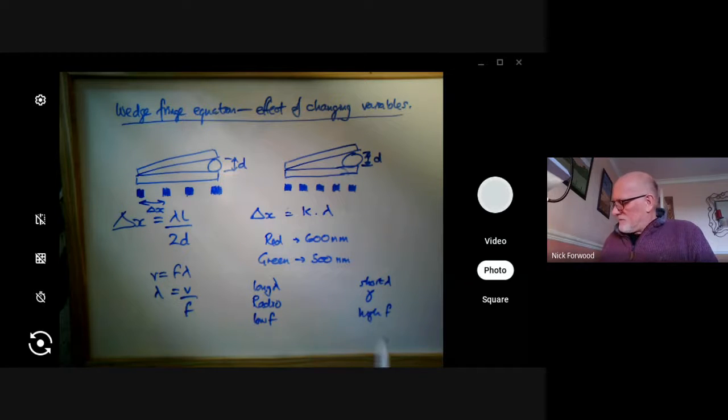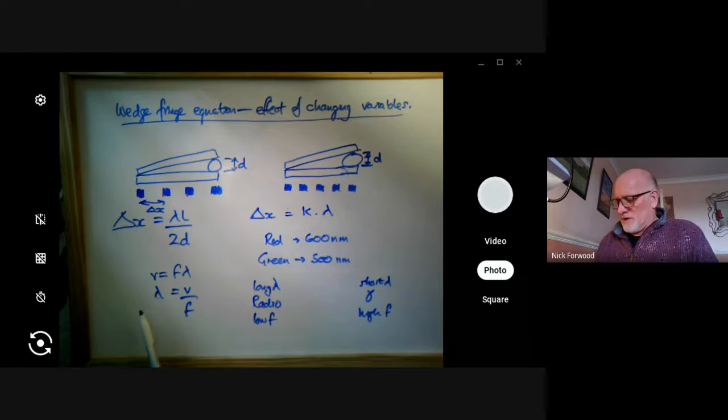So high frequency means a big frequency. So if f is a higher, bigger number, then that has a matching short wavelength. Big number on the bottom, lambda's a small number.